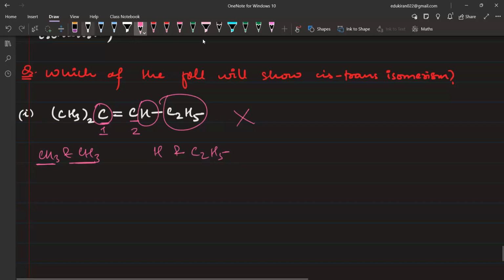Okay, second: CH2 double bond with CBr2. Will it show cis-trans isomers?